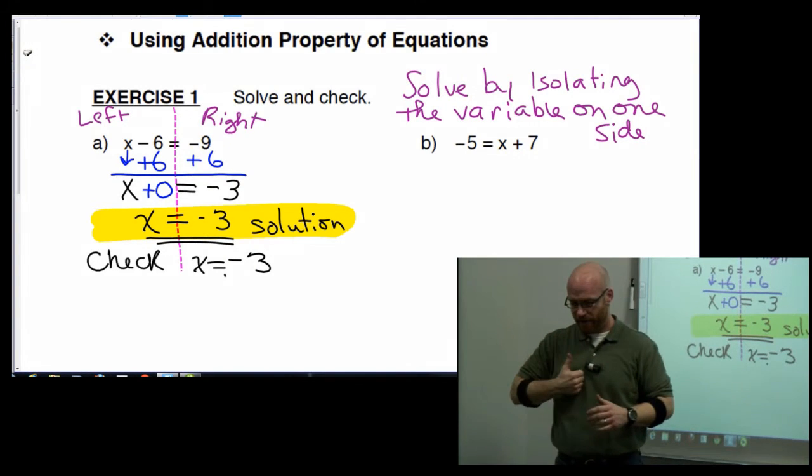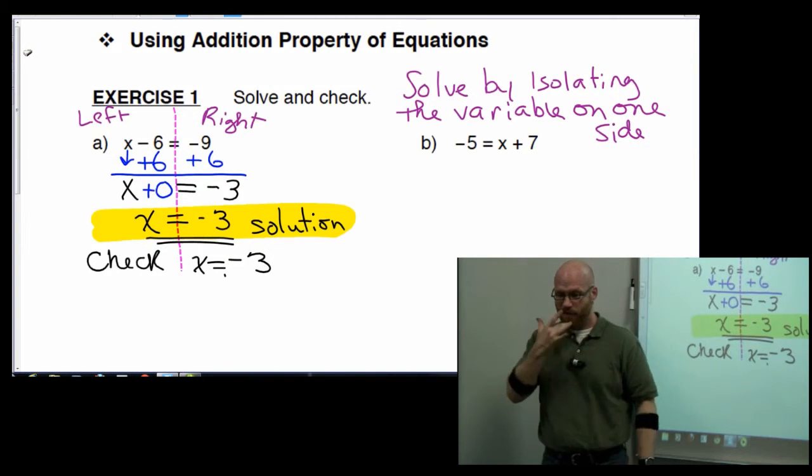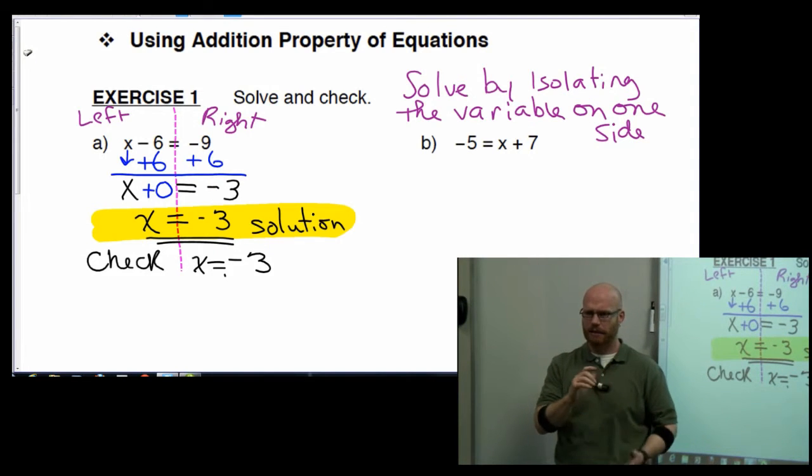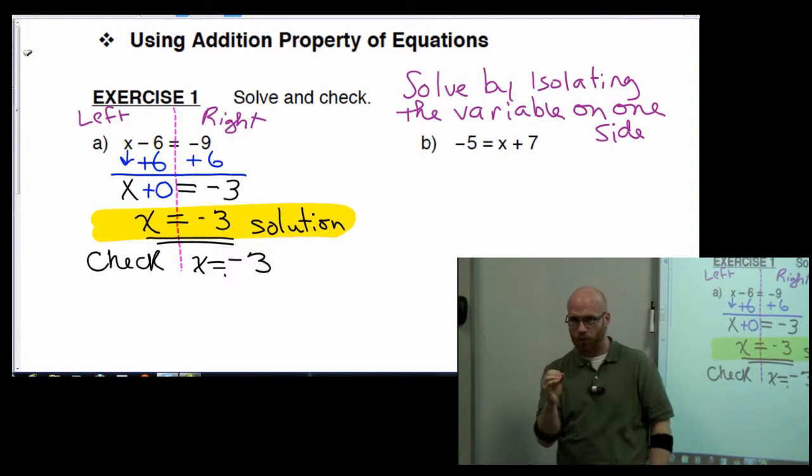Again, think to myself, plus 7, I prefer 0 plus x. How does 7 become 0?